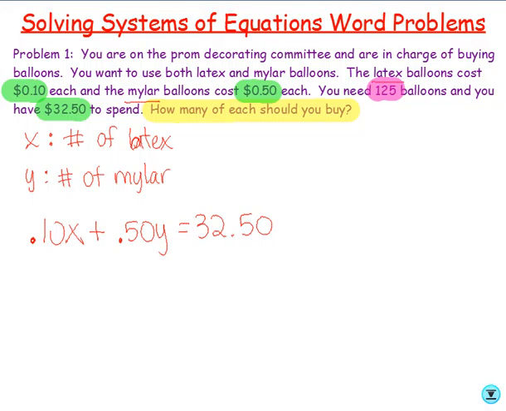So my second equation, the total, is 125. We don't have any other numbers, and that's okay. It just means that there aren't numbers in front of x and y. The number of Mylar balloons plus the number of latex balloons has got to equal 125. We have just written our first system of equations. Again, look for the numbers that have the same units and put them all in the same equation.